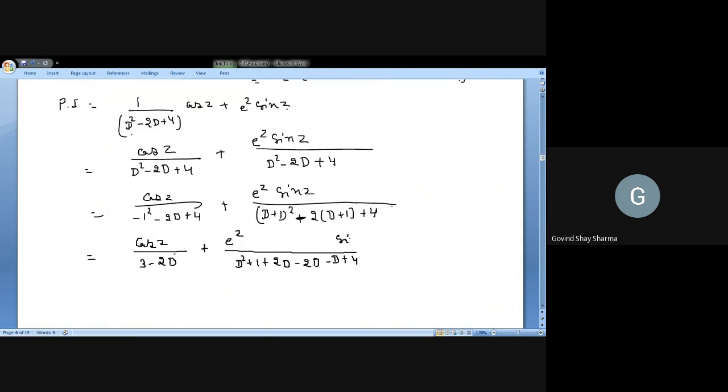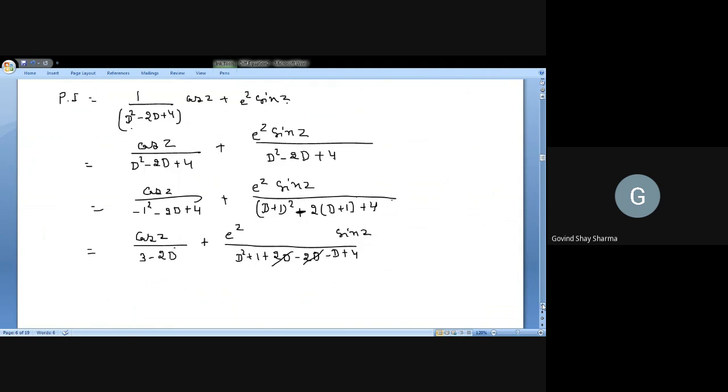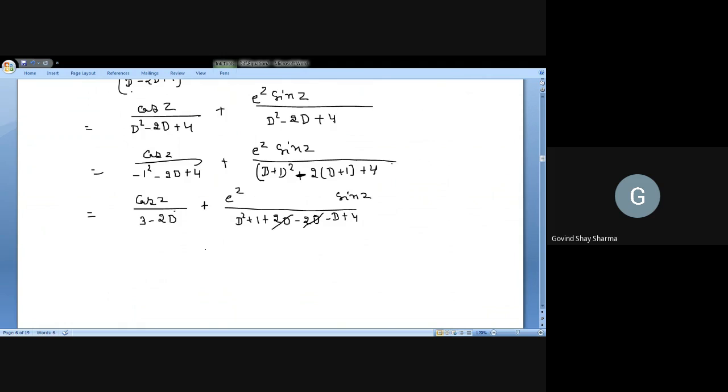Here this cancels. Now to make D square, we multiply with the conjugate, which becomes 9 minus 4 D square, plus e to power z sin z upon D square minus D plus 5.